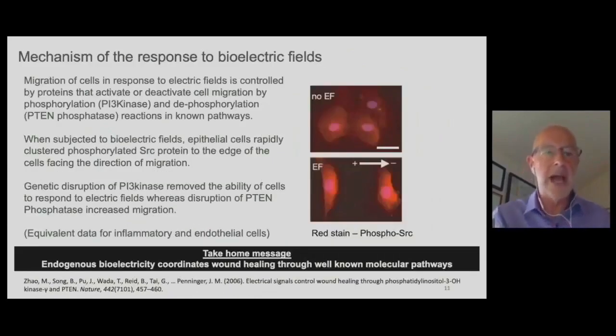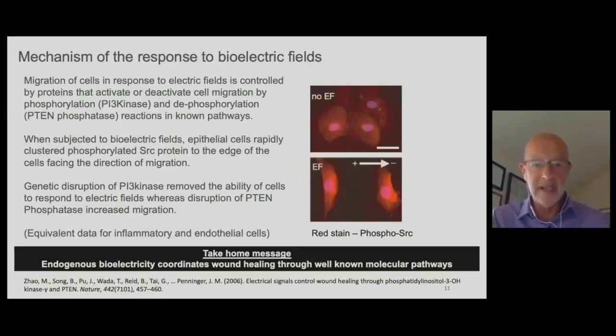It turns out that migration of cells in response to electric fields is controlled by phosphorylation and dephosphorylation, which is quite a well-known story now in cell growth and control. And when subjected to bioelectric fields, epithelial cells rapidly phosphorylate a protein called Src, originally identified as an oncogene and pivotal in controlling the decision to migrate, divide, and proliferate.